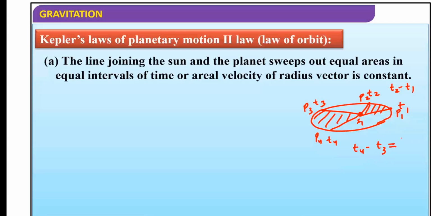And it is possible when T4 minus T3 equals T2 minus T1. Again in simple words, the area swept by the line joining the center of the sun and the planet in equal intervals of time is equal. And mathematically we can write dA upon dt, the rate of change of area, is L upon 2m.